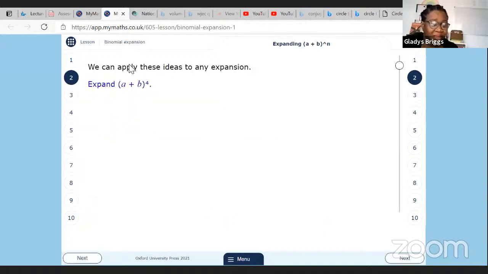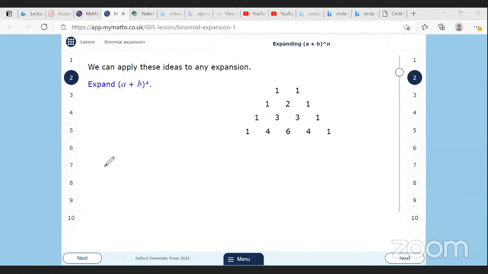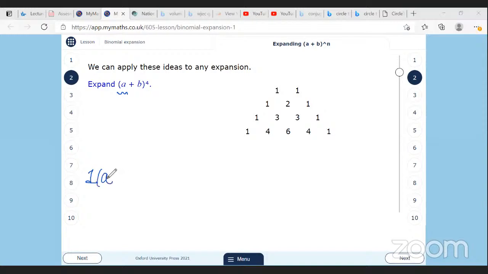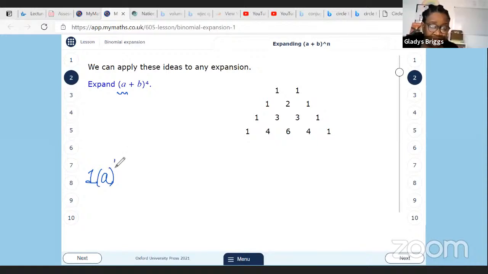Okay. Now we tried out this one to expand a plus b to the power of 4. Did you understand how we did it with this one? Kind of. What's kind of? Like, you start with the first term, 1 times a to the power of 4, it's going down, isn't it?